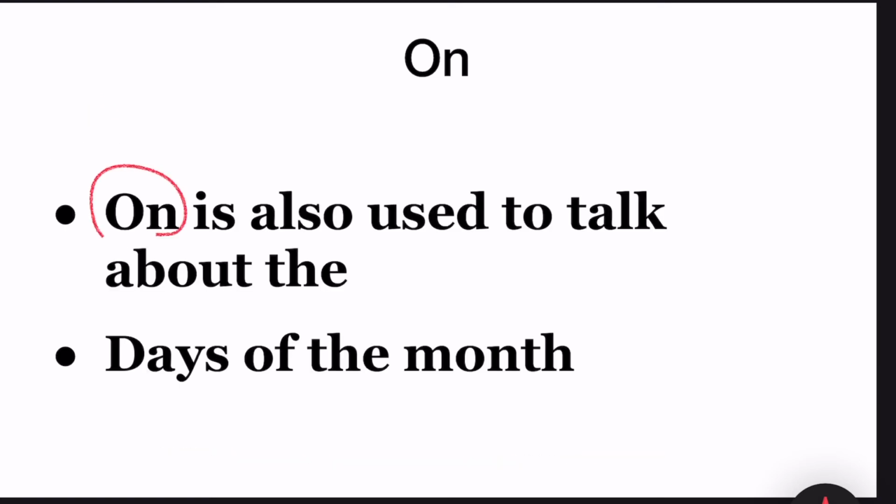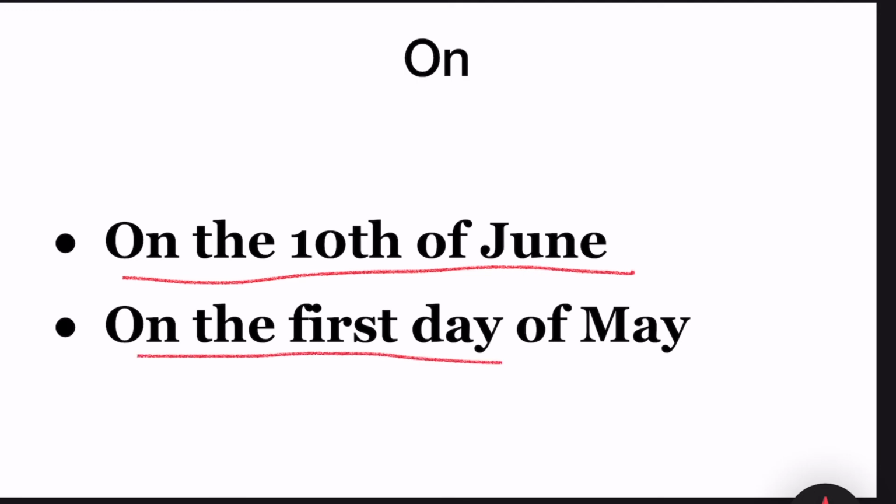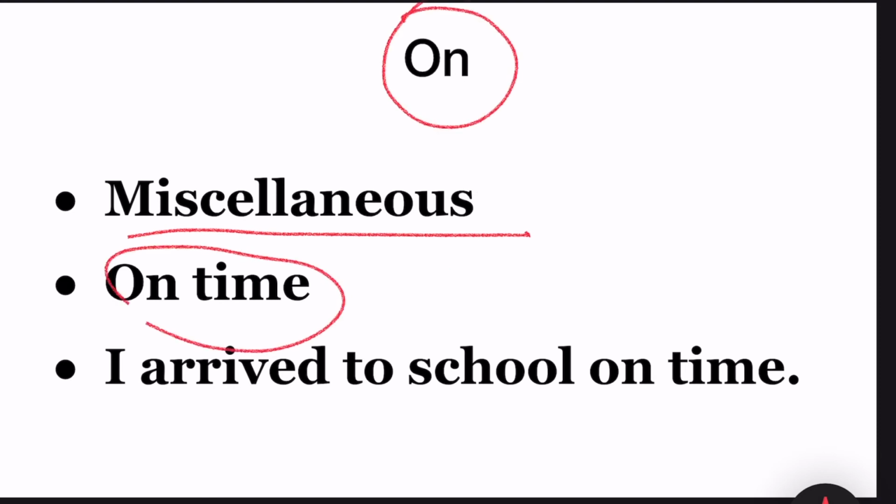Next, on is also used to talk about days of the month. Example: on the 10th of June, on the first day of May. Another use of on time: I arrived at school on time. On time means not late.